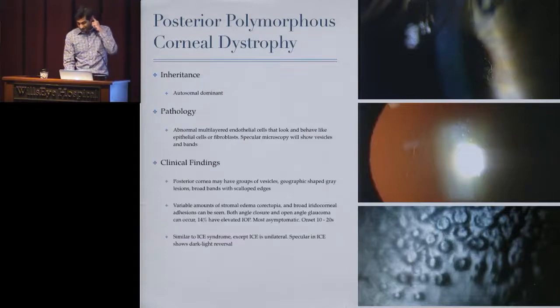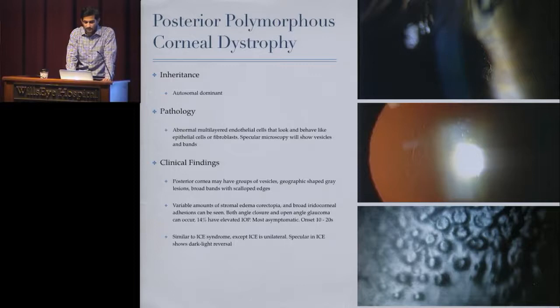As far as clinically, in the cornea, you'll get these little vesicles in the posterior cornea. It almost looks like EBMD of the endothelium, is how I like to think about it. The other thing you can get is some corectopia and these iridocorneal adhesions, almost looks like high PAS.